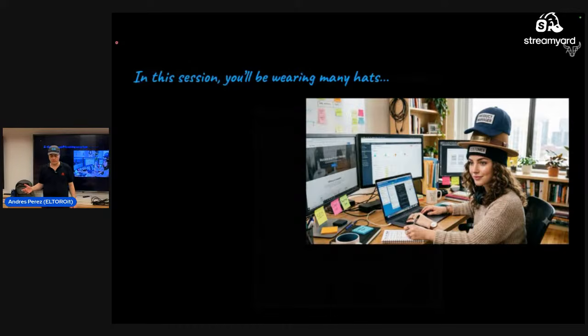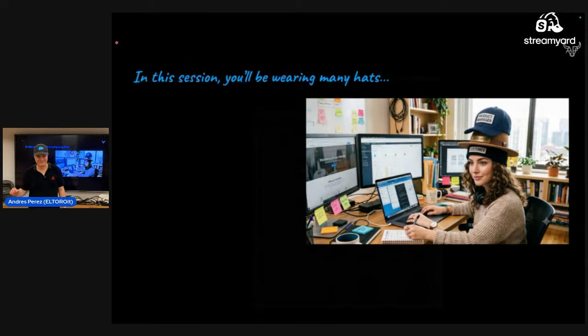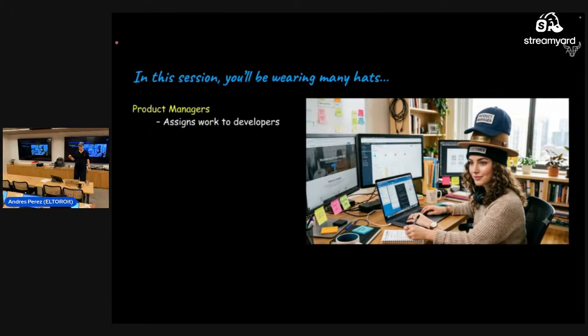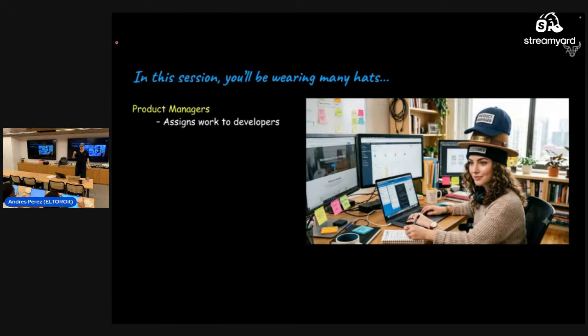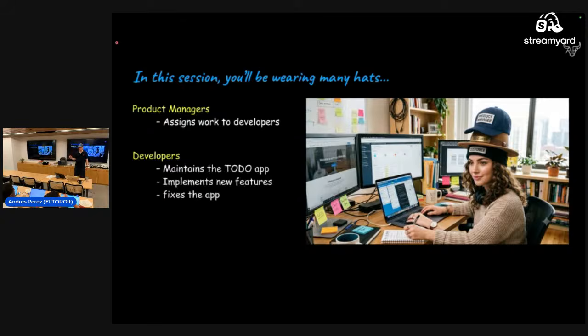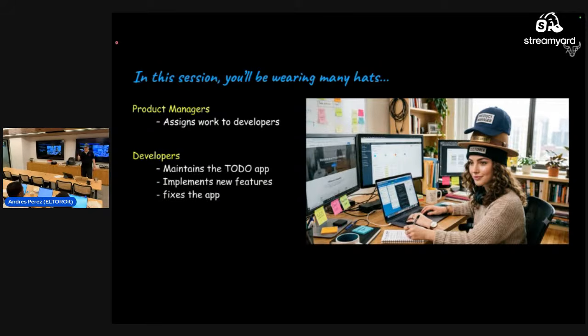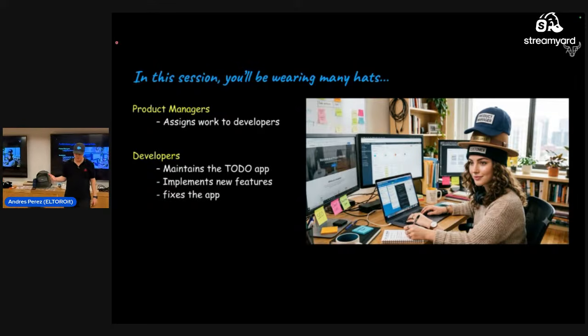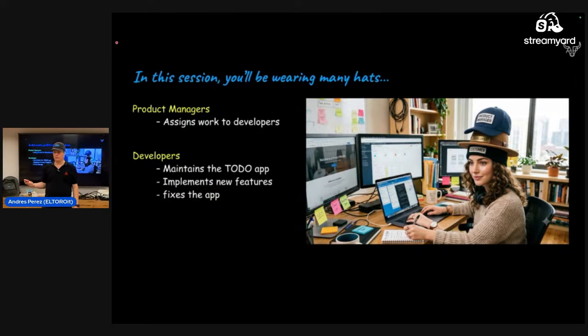All right. So in this session, we're going to wear many hats. We're going to act as product managers. As a product manager, you're going to assign work to developers. As a developer, we're going to maintain the to-do app, implement new features, and of course, fix whatever's broken in the app.